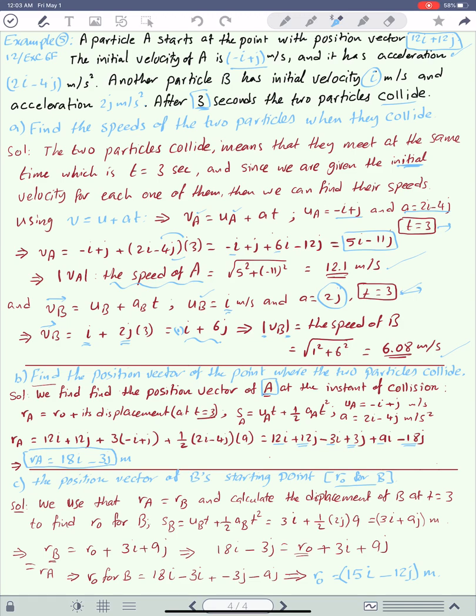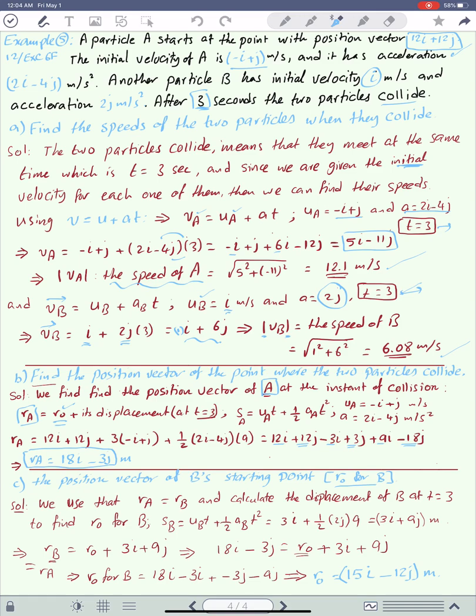So we find RA, the position vector of particle A at the instant of collision, t equals 3 seconds. What does it equal? RA equals R0, which is given in the question as 12i plus 12j, plus the displacement at 3 seconds.